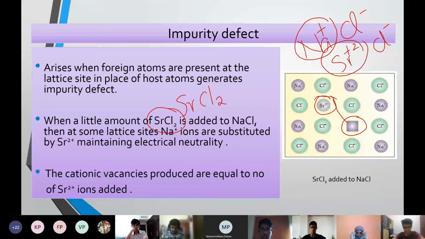It's supposed to be the place of Na plus. The 2 places of Na plus were there, so 2 Na plus are removed and 1 Sr2 plus is occupying the place. The reason for this kind of substitution is to maintain the electrical neutrality, because an ionic compound in totality is electrically neutral. Positive and negative charges are equal in number. So in order to maintain that electrical neutrality, 2 Na plus are removed and 1 strontium ion is added.